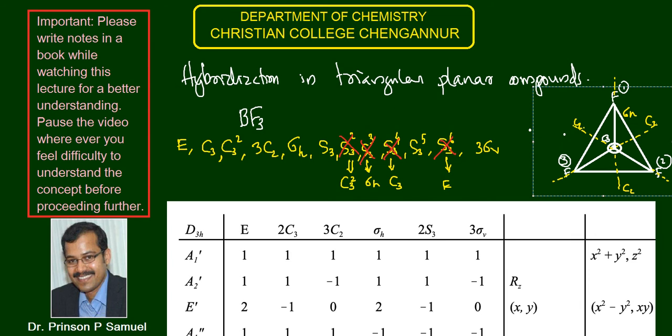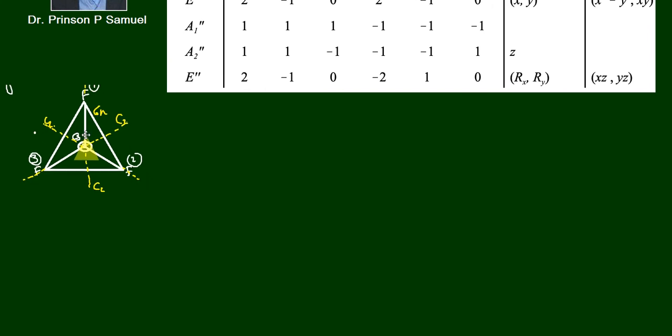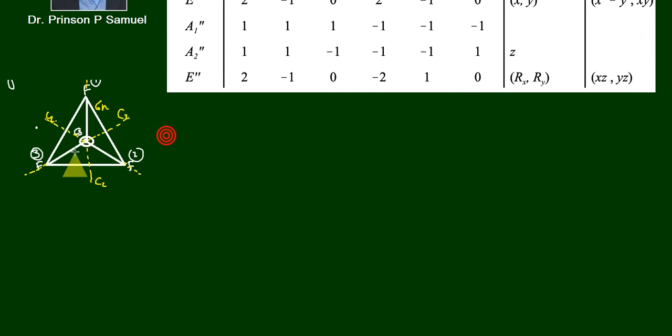I am going to construct the total character, so I am giving the vectors along the bonds. These are called the bond vectors. I have already given a lecture on the transformation of bond vectors and their symmetry properties. You are recommended to watch that lecture before proceeding, then you will understand it better.